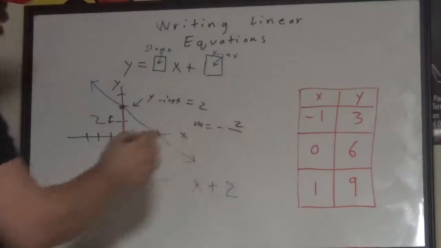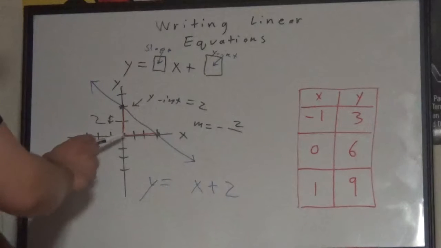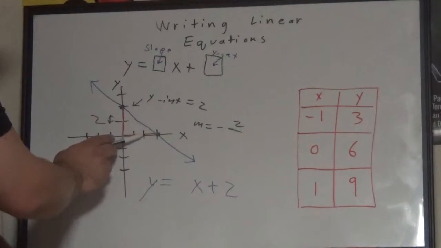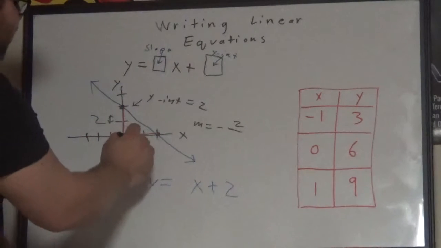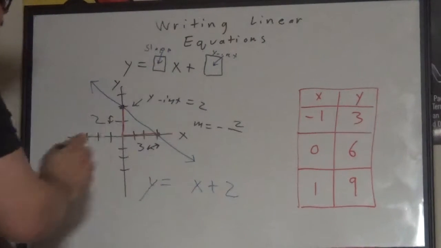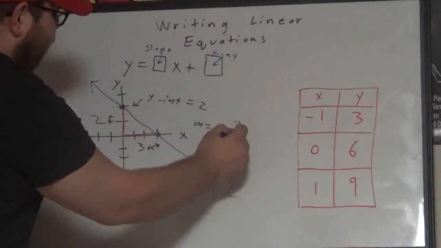So on our slope, I put a 2 on top. Now I'm going to count how far we go left and right. 1 unit, 2 units, 3 units. That's 3. And so 3 units left and right. That is the bottom of the fraction.